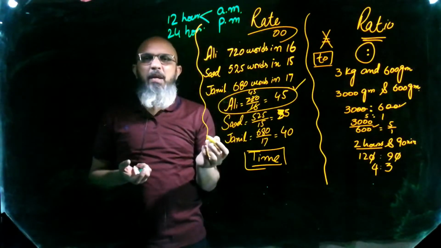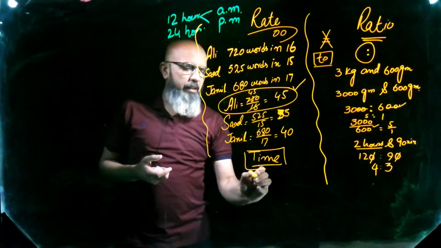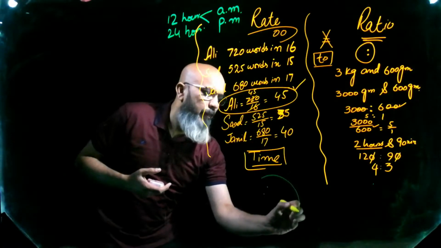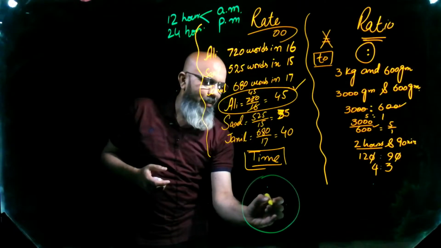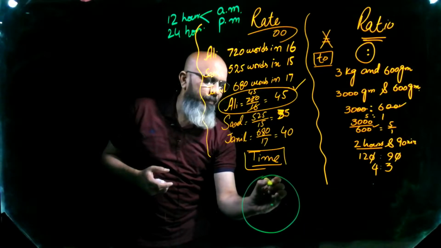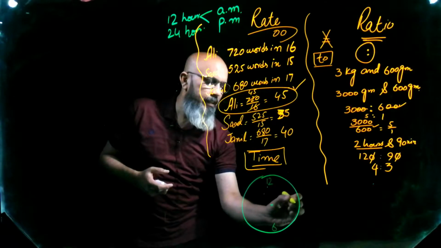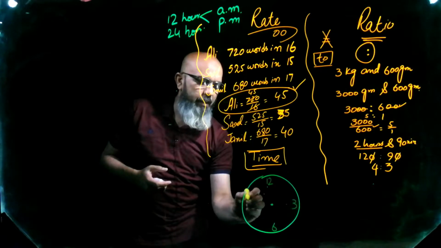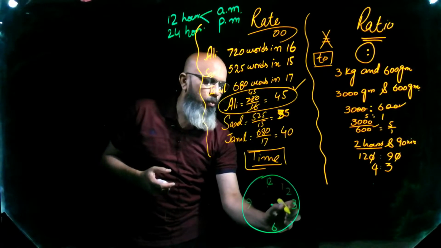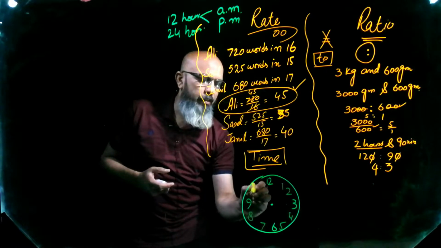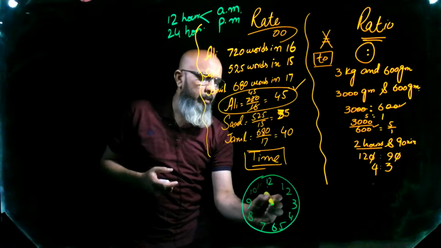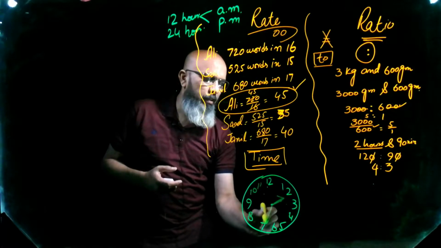And for 24-hour timing, I can explain it with a clock. That's a clock, a circle: 12, 6, 3 and 9, 1, 2, 4, 5, 7, 8, 10 and 11. That is your hour hand, that is your minute hand.